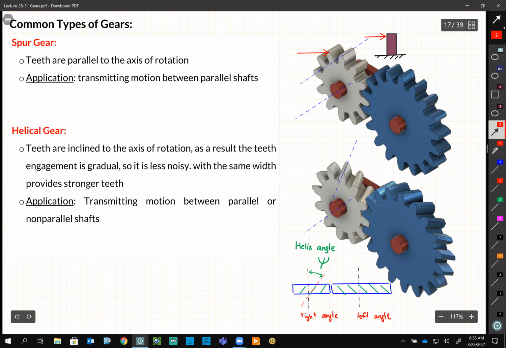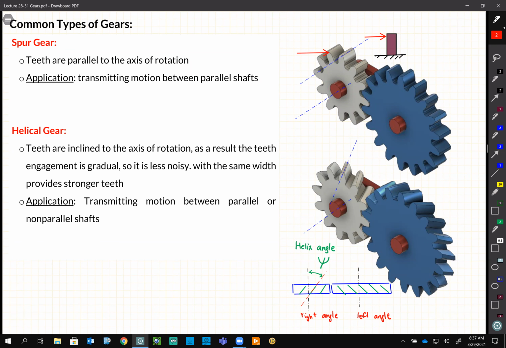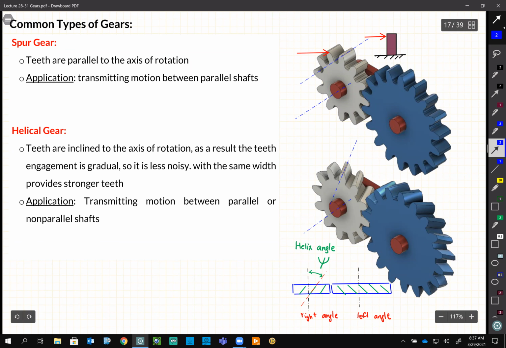It's a bigger area. Although these two gears have the same width, the one on the top and the one at the bottom, they have the same width. When we talk about width, you remember which distance we're talking about, right? Let's say this is the width. I wish people called it thickness, but anyway, width.